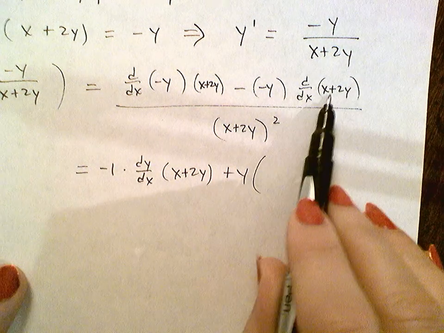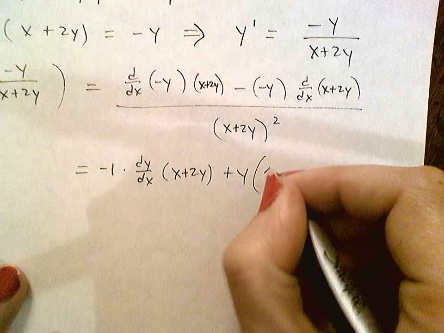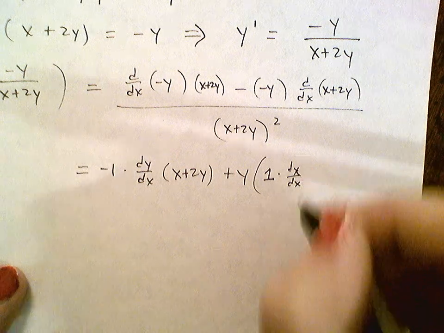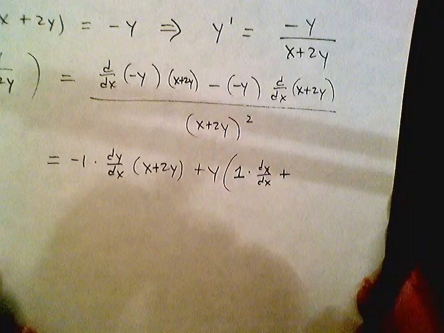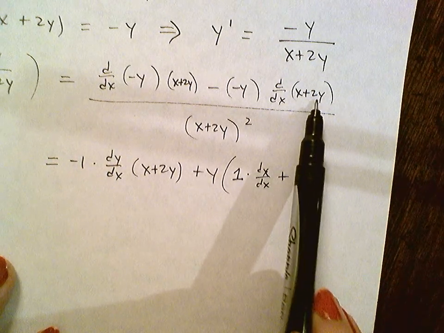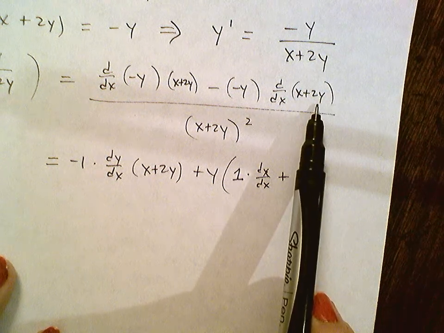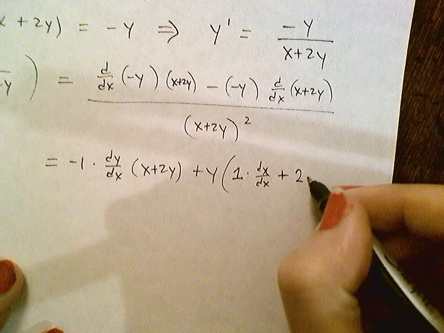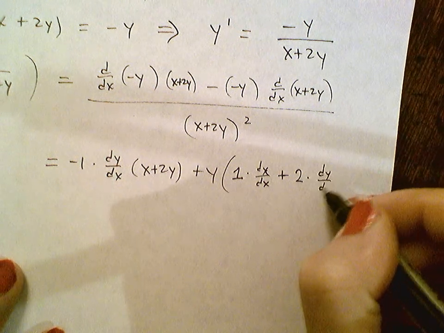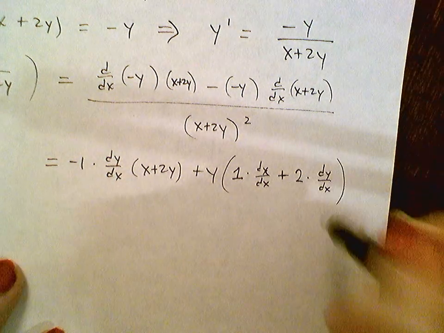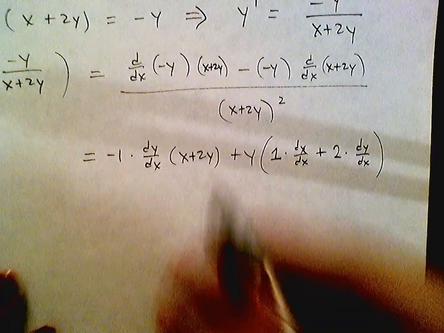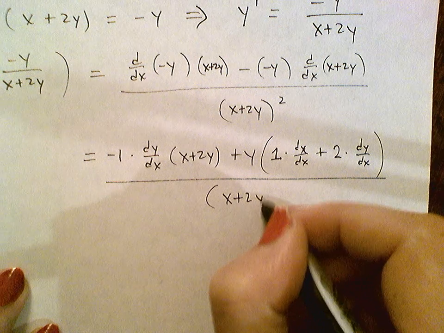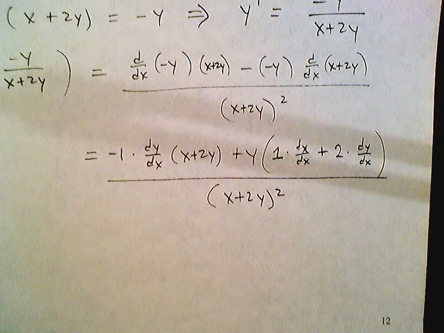So the derivative of x with respect to x is just 1, times dx over dx, plus the derivative with respect to 2y, which is just 2 times dy dx. Okay, and then this is all over x plus 2y squared.